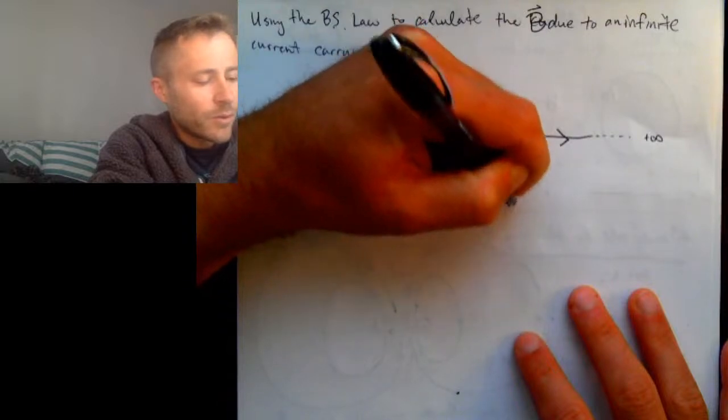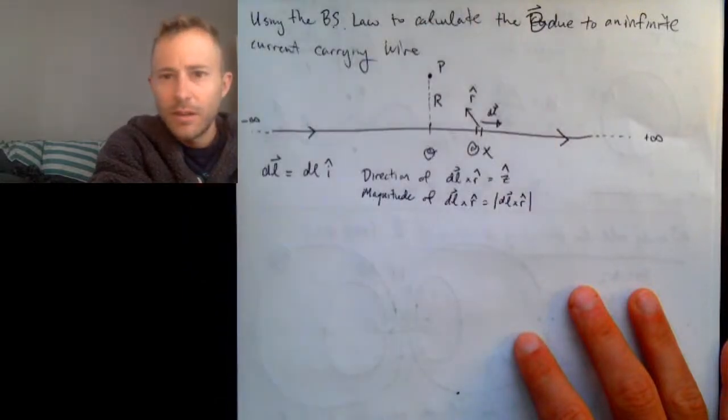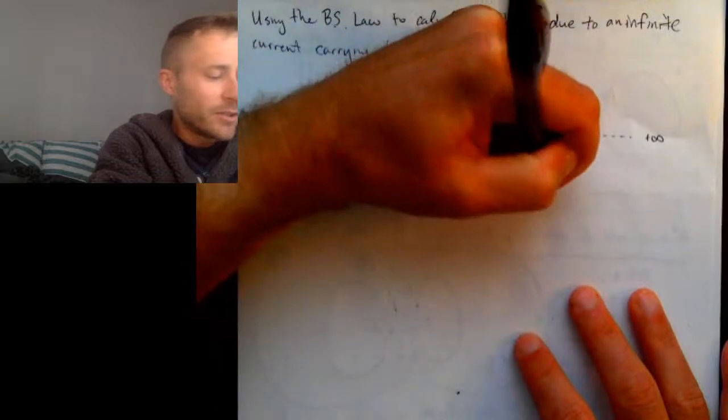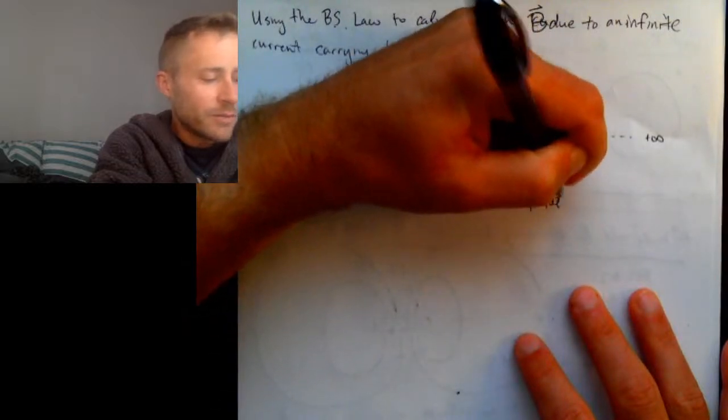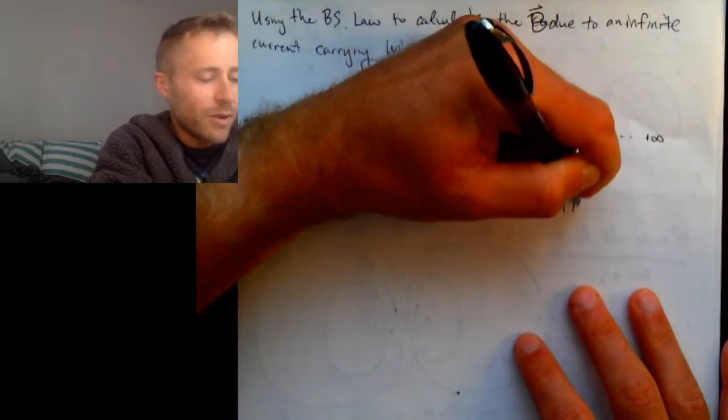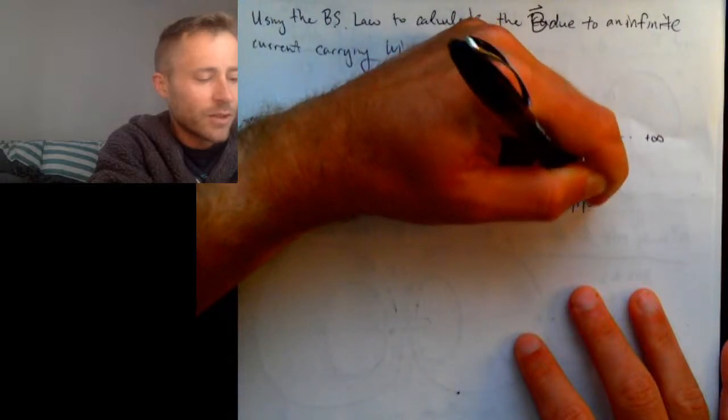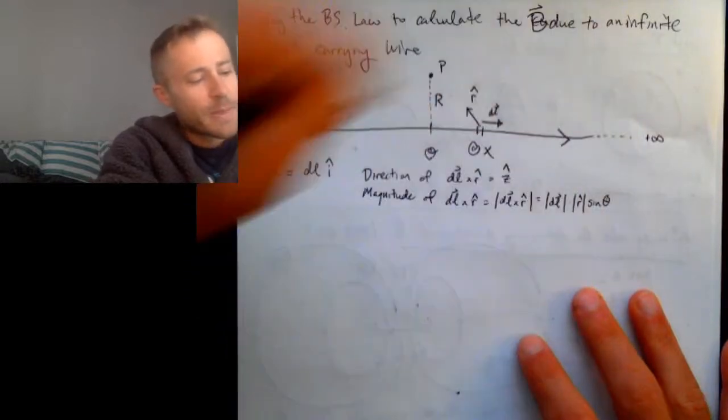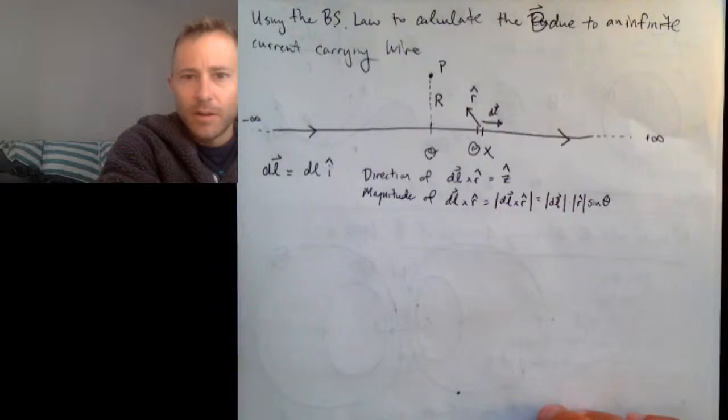Just to write that more formally, that's going to be the magnitude of the dl vector times the magnitude of the r hat vector times the sine of the angle between them.